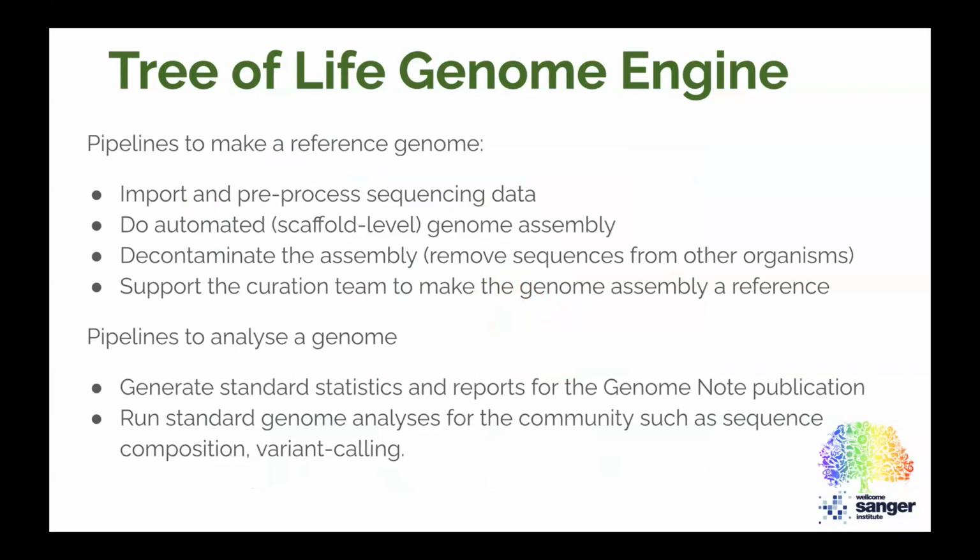Then the curation team will run some decontamination steps, and then there are a few pipelines to map all the evidence back to the candidate assembly, and then curate the assembly and have a reference gold standard assembly for that species at the end.